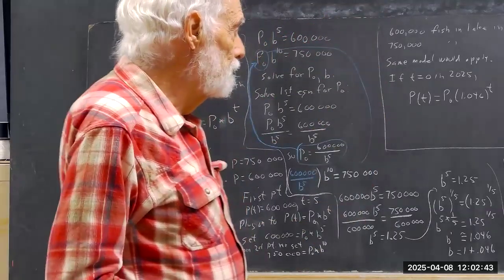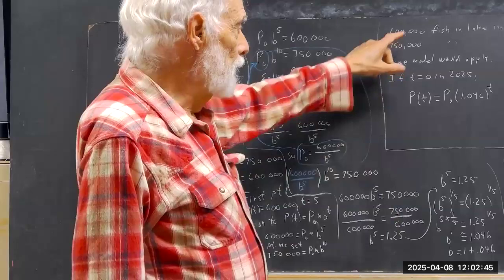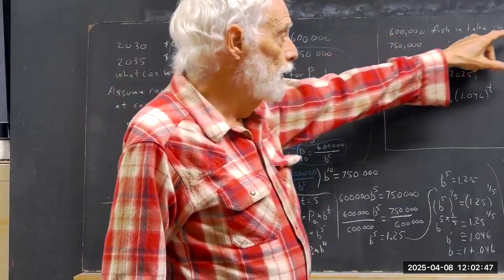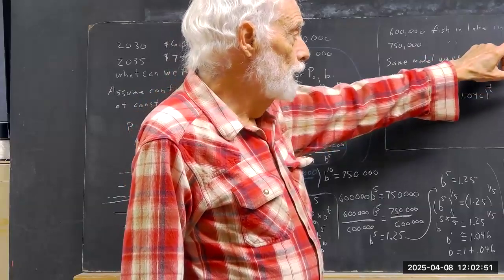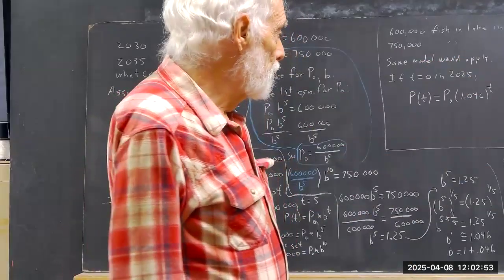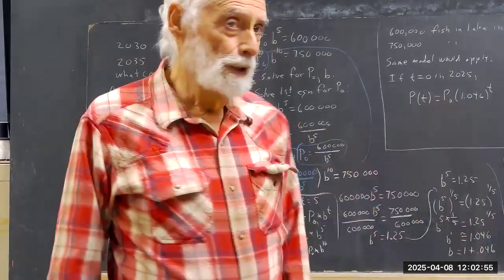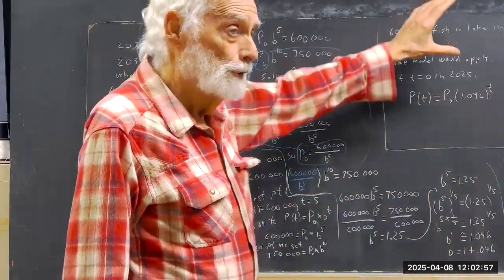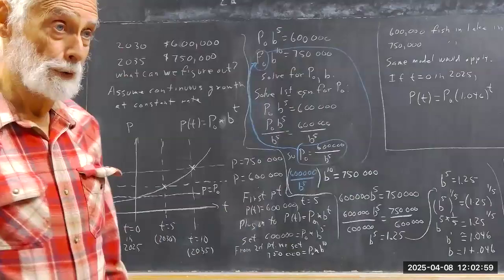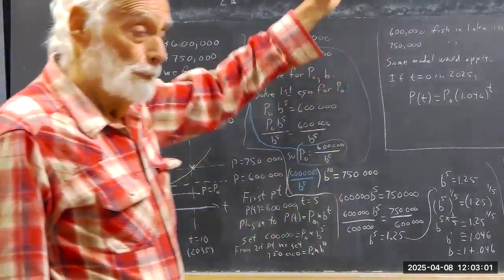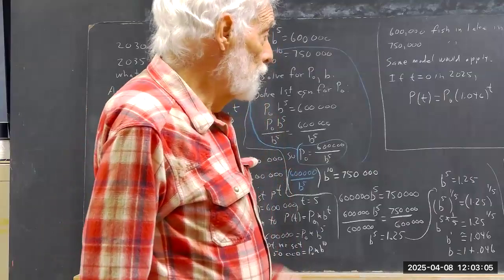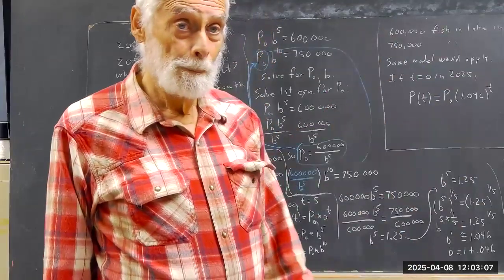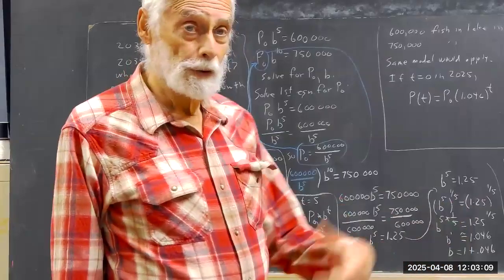Another comment. If there were 600,000 fish in the lake in 2030 and 750,000 fish in 2035, you would get exactly the same model, because those numbers are exactly the same as these numbers, right? But now it's a different model, with a different meaning. It's, at what rate are the fish reproducing? That's your 0.046.